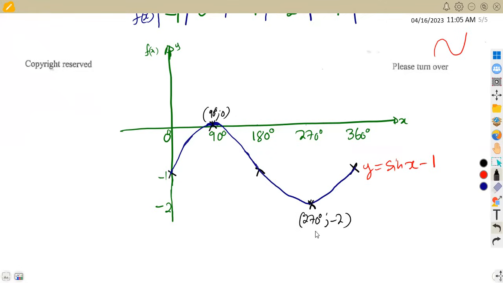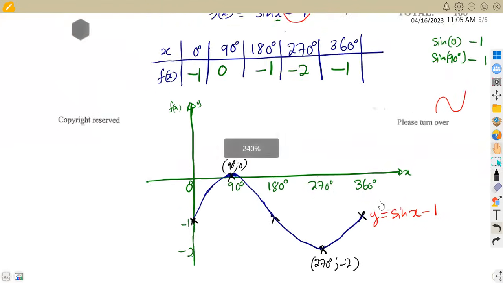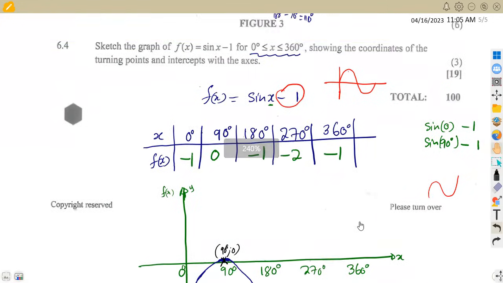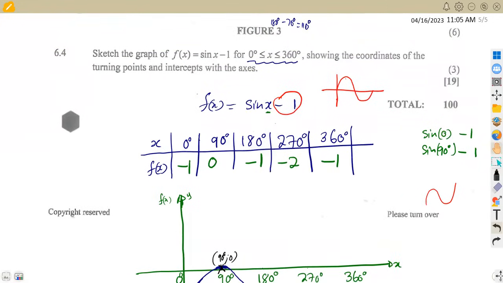This one is also a turning point, and it's also a solution. Then the intercept with the axis, we've got this one at 0, -1. So that's what you are supposed to have to obtain all the marks, which is 3 marks. So that was it, guys.